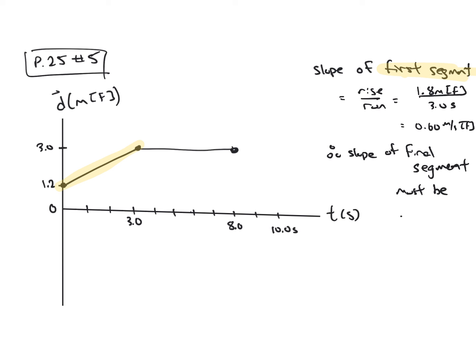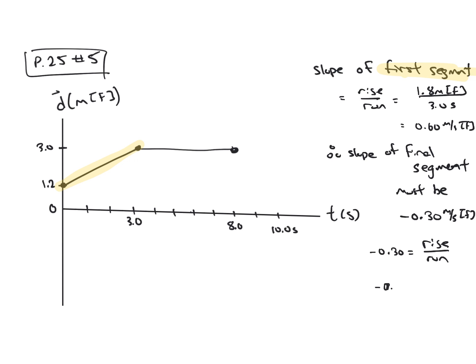And it must be negative because it's backing up, it's going backwards. So negative 0.30 meters per second. So if that's supposed to last for 2 seconds, negative 0.30 has to be the rise over the run for my final segment.